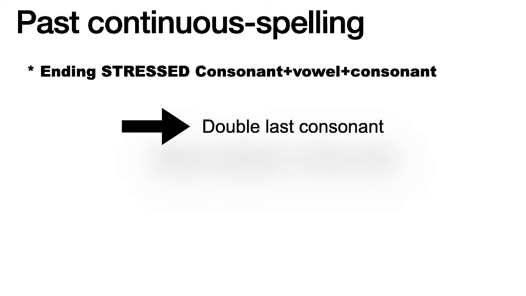It's the case of verbs like stop, begin, run, sit. As you see, the last syllable of stop, begin, run, sit is stressed and it ends consonant, vowel, consonant. Therefore, we need to double the last consonant in all 4 cases.